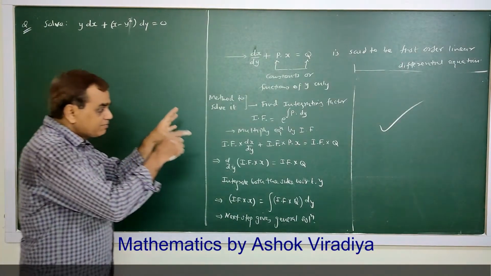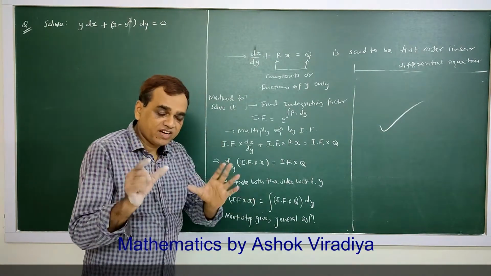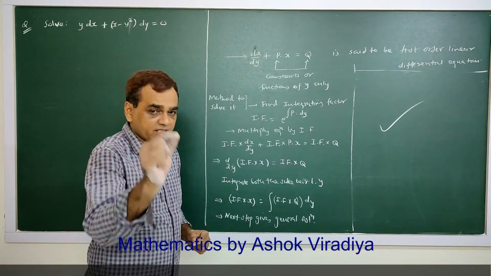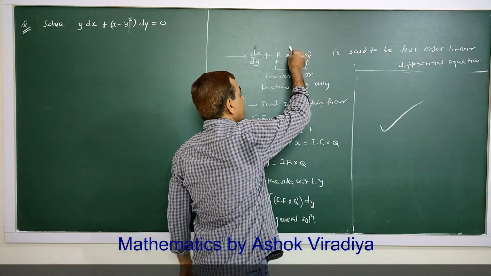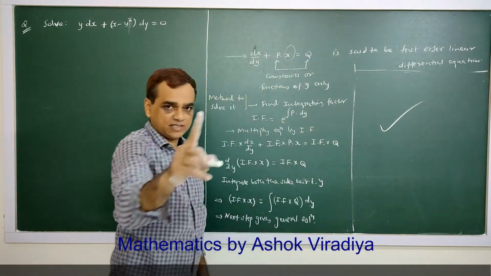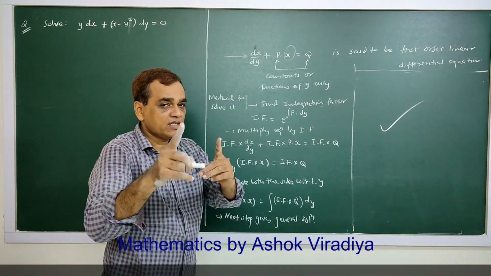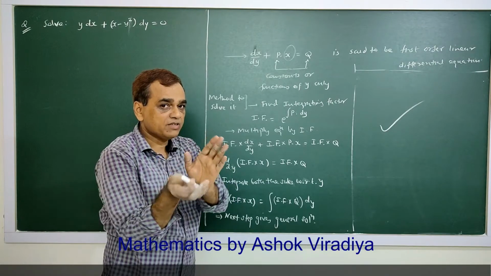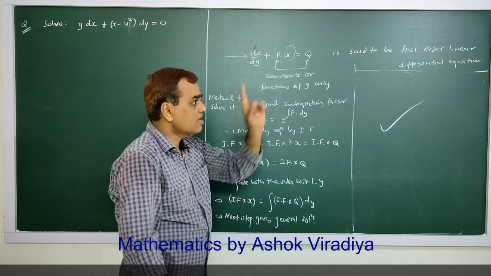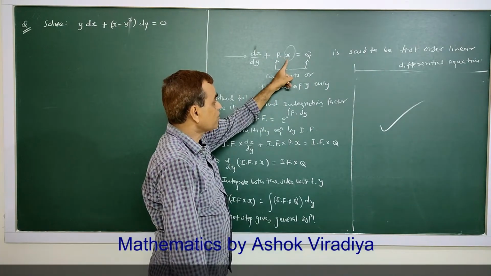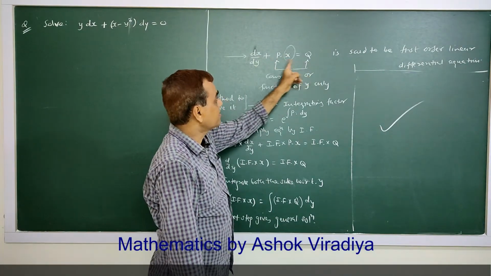To apply this procedure, to identify this form, the trick is, in the given differential equation, if you find only one x, meaning no x square, no x cube, no x with a sign, that is sin x, cos x, only one x, nowhere else is x given.